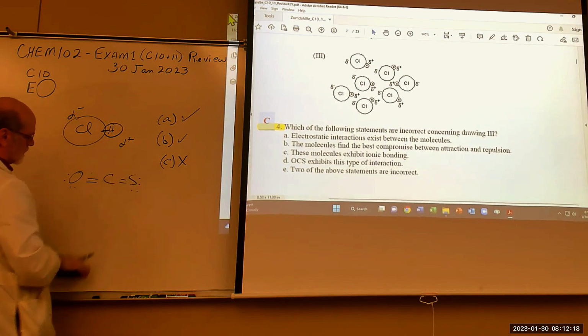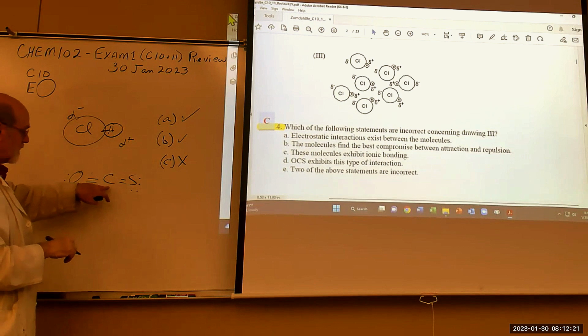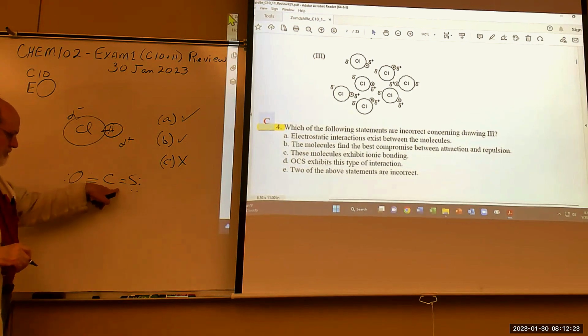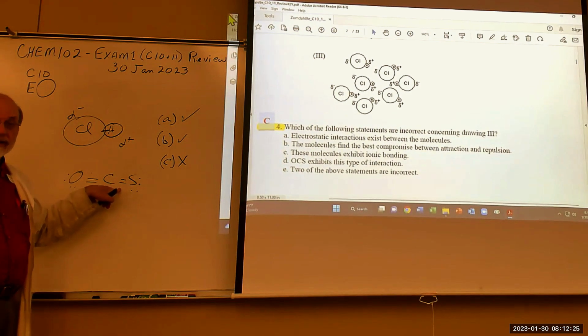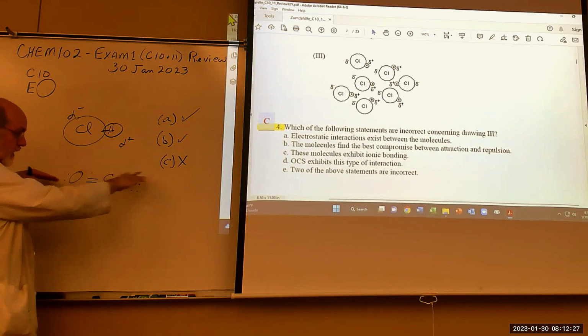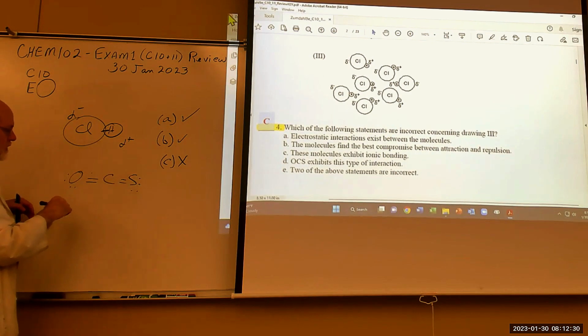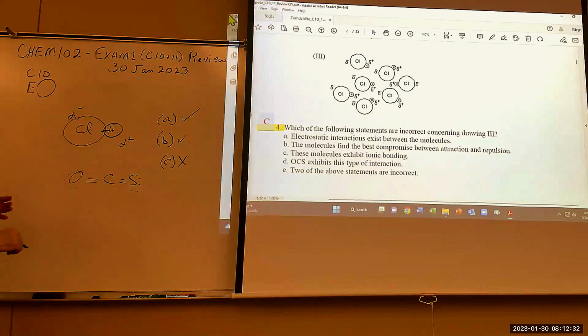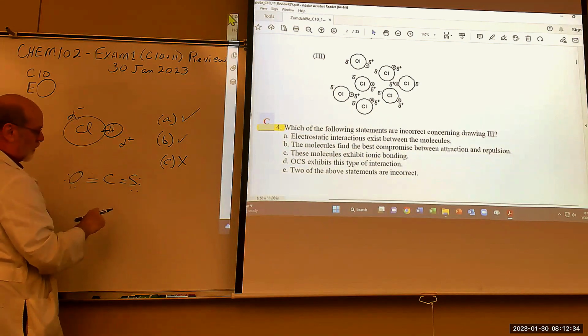Okay. So what we have here is 2 groups around the central atom, which is linear. So this is the way it would appear. A linear molecule. Now, which way would the bond dipoles be?